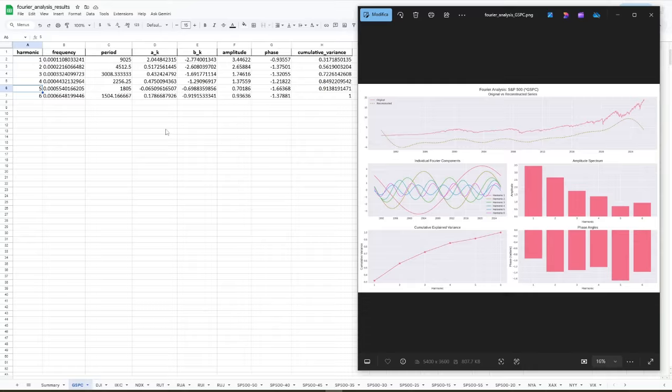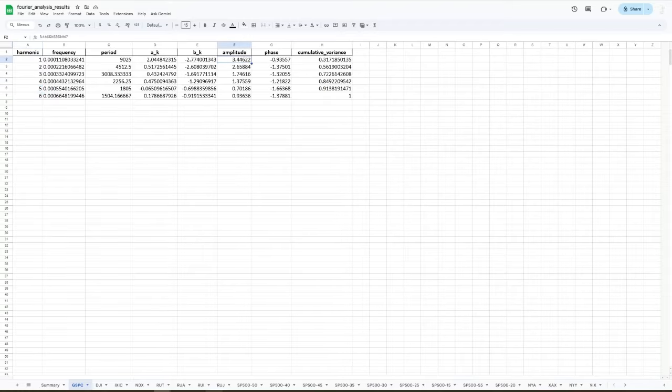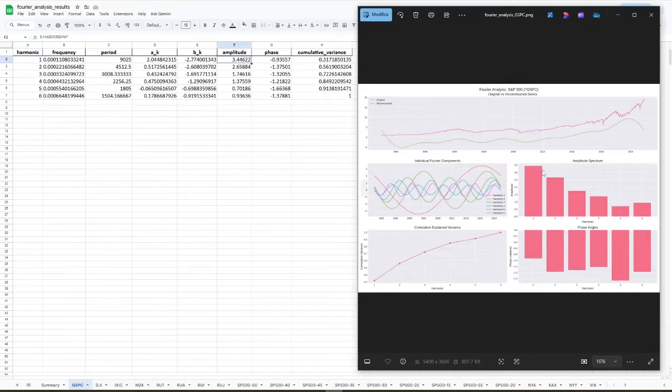But that cyclicality has a certain time frame. I know I'm repeating again, but these numbers are exactly in that chart. You see the different bars in the amplitude spectrum. The amplitude 3.44 corresponds exactly to the pink longest 9,000 day period, and then you have shorter and shorter bars.